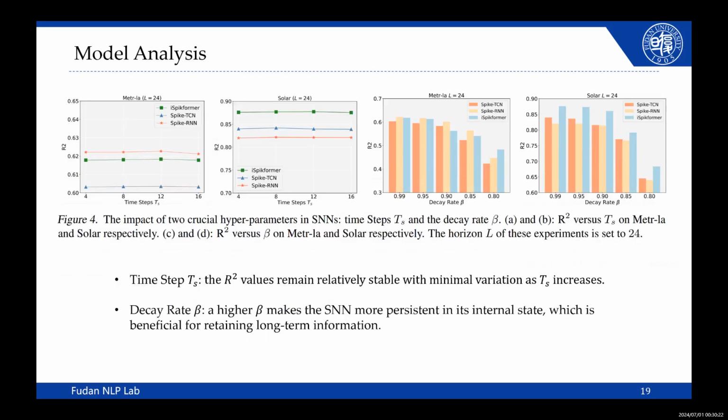And secondly, we analyze the sensitivity of hyperparameters, TS and decay rate beta. We find that the R-square value remains relatively stable with minimal variations as TS increases. And higher beta makes the SNN more persistent in its internal state, which is beneficial for retaining long-term information.